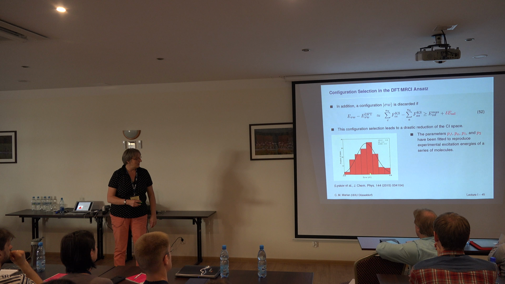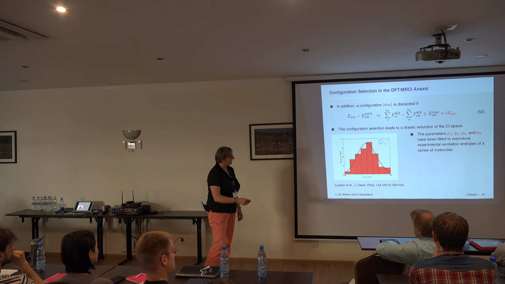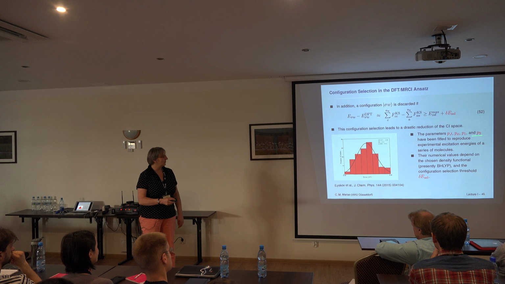And you see that the method peaks quite well, and the width of this Gaussian here is, in this case, a root mean square deviation of 0.15 electron volts, and here we have plus 28 and minus 0.39. So even in these flanks, the errors are not so large. And the numerical values of these parameters, of course, depend also on this selection threshold.